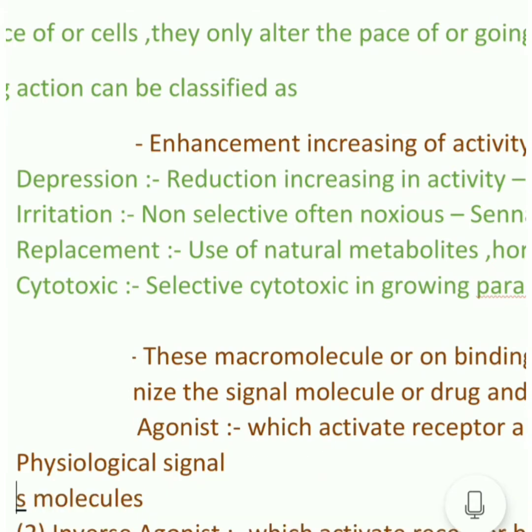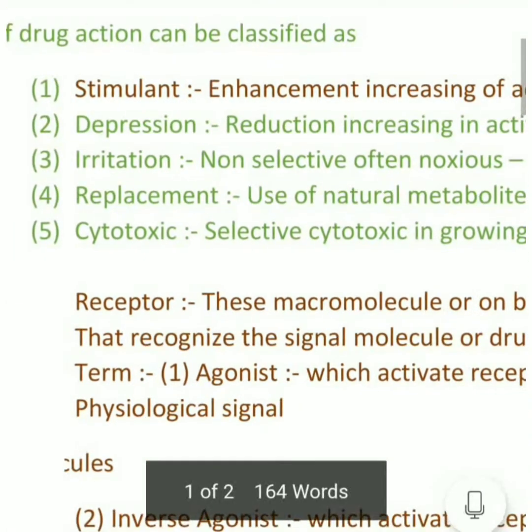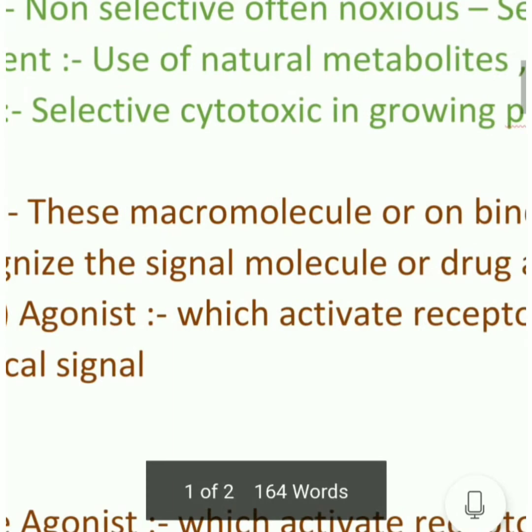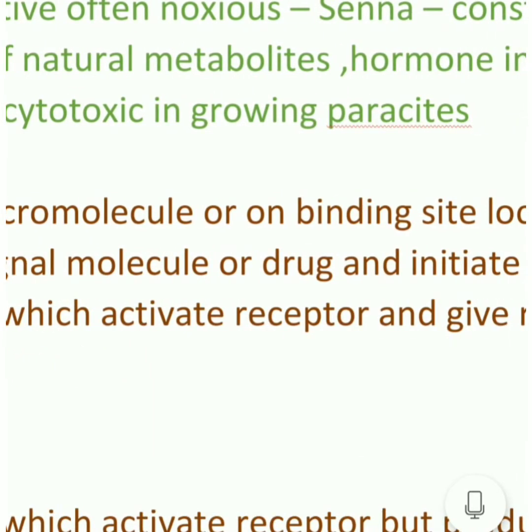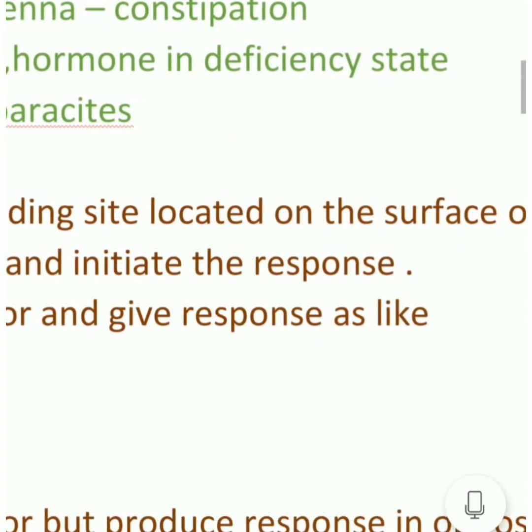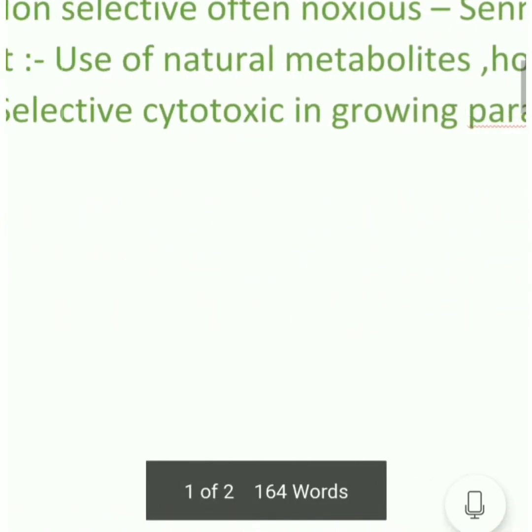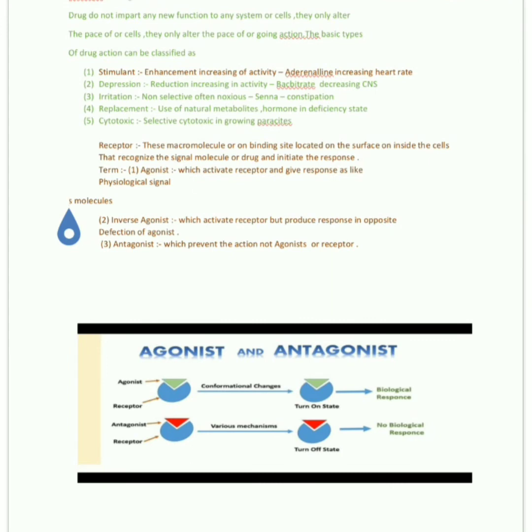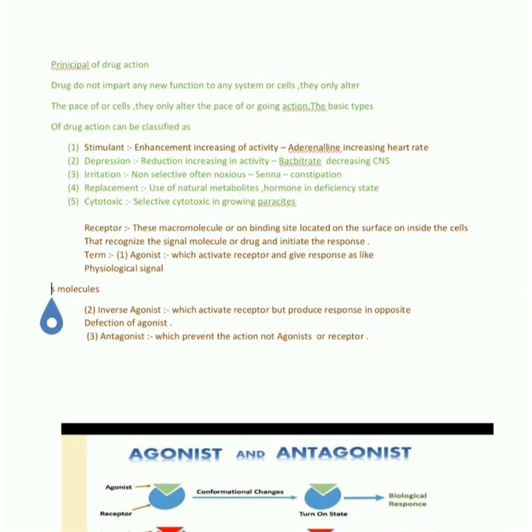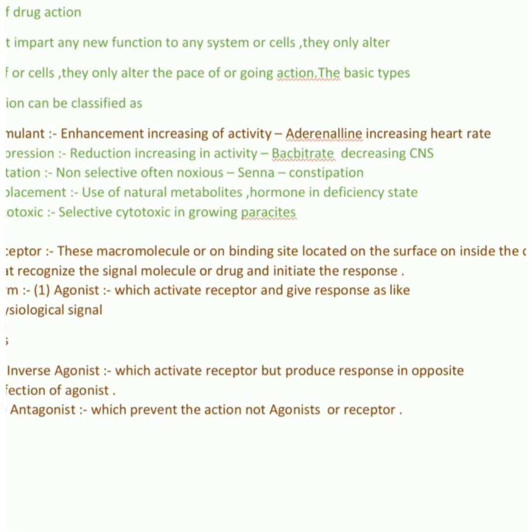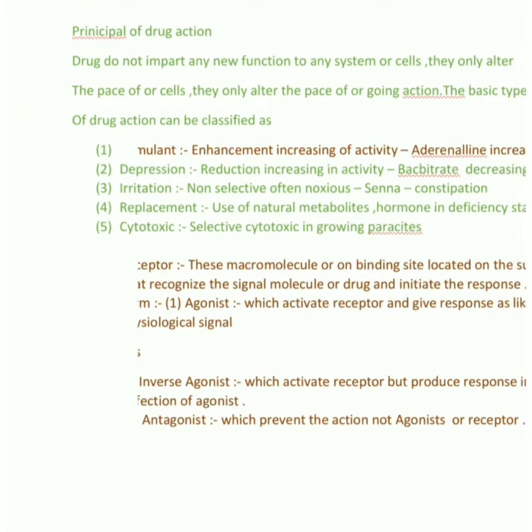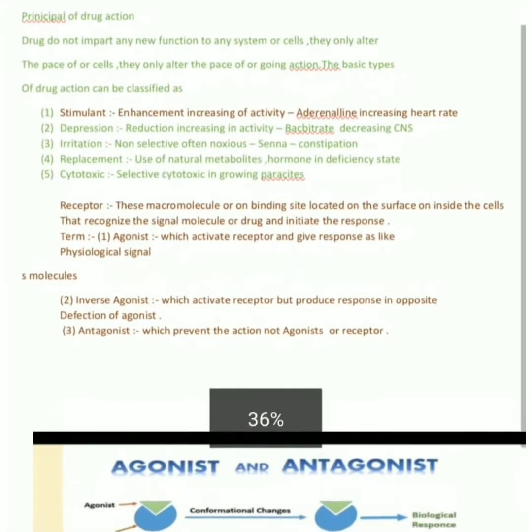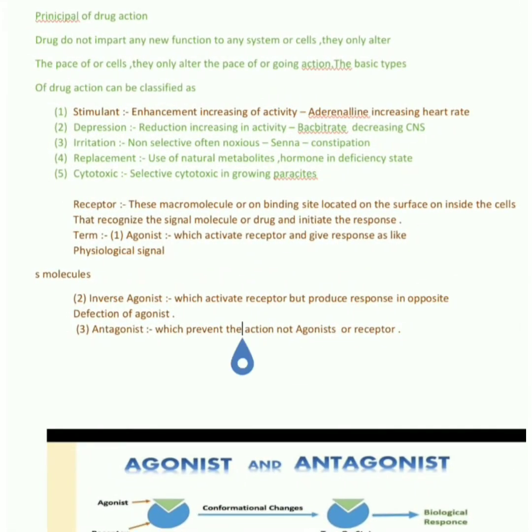What is a receptor? A receptor is a macromolecule or binding site located on the surface or inside the cells that recognizes the signal molecule or drug and initiates the response.